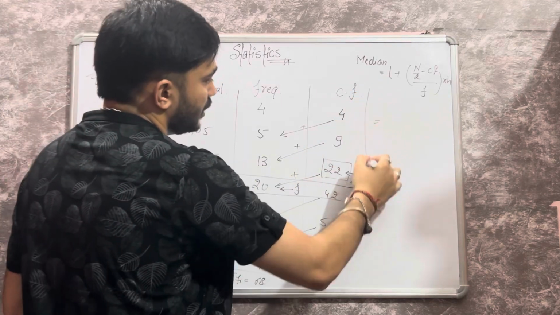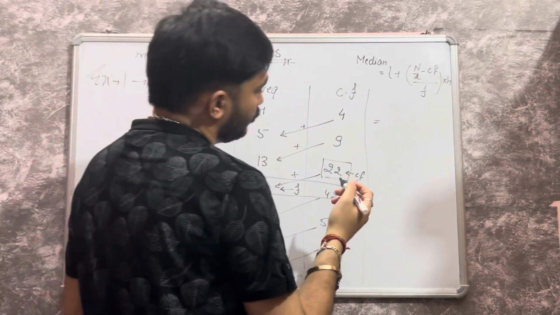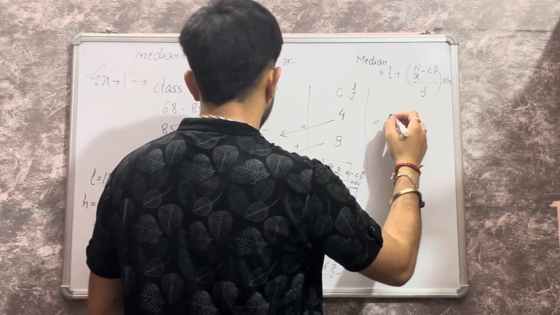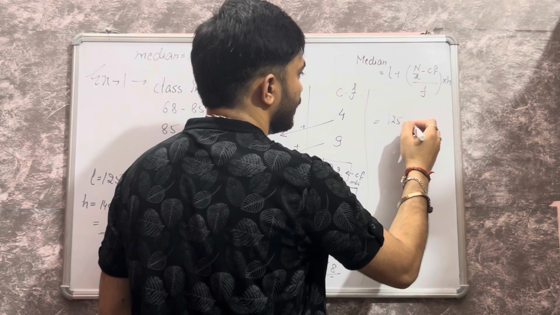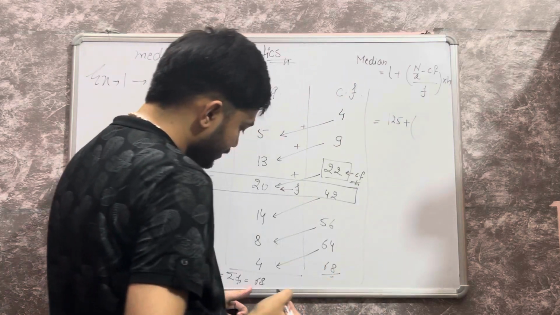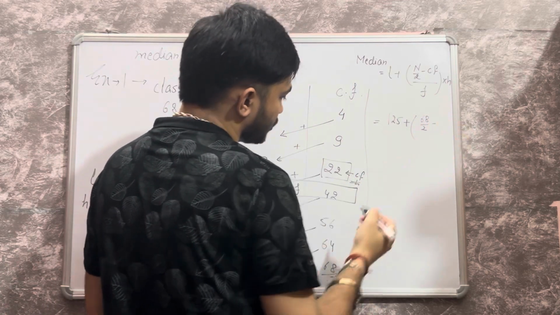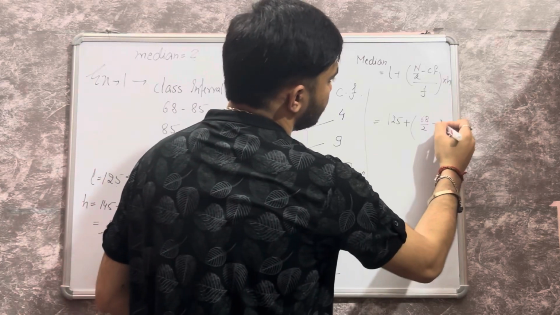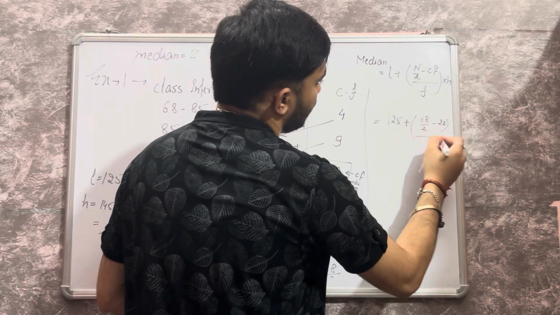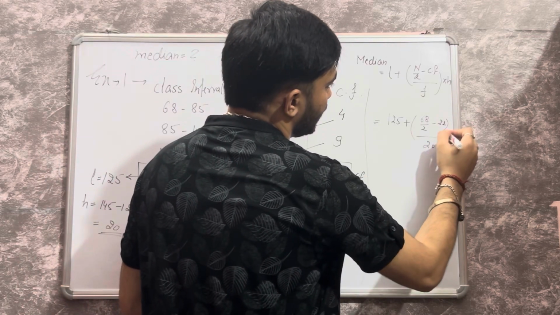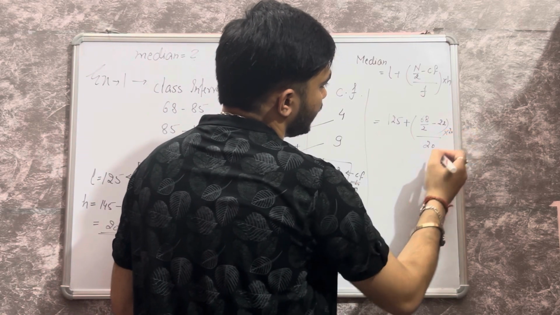After putting all these values in the median formula, you will get the answer. L we have found is 125, plus n is 68, 68 divided by 2, minus cumulative frequency, we have 22, divided by F, which is 20, multiplied by H, which is also 20.